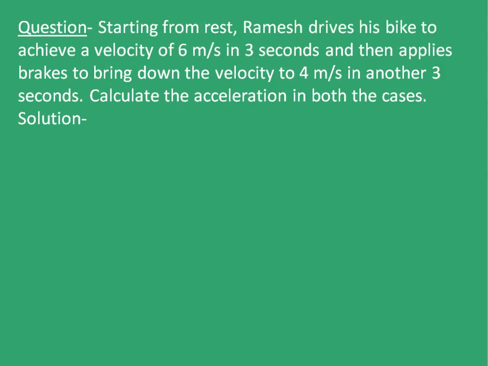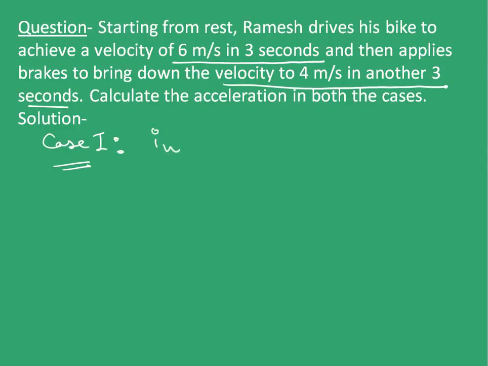For this, we take a question. Starting from rest, Ramesh drives his bike to achieve a velocity of 6 meters per second in 3 seconds, and then applies brakes to bring down the velocity to 4 meters per second in another 3 seconds. Calculate the acceleration in both cases. So, case 1, when Ramesh is accelerating his bike, the initial velocity is equal to 0 meters per second because he is starting from rest.